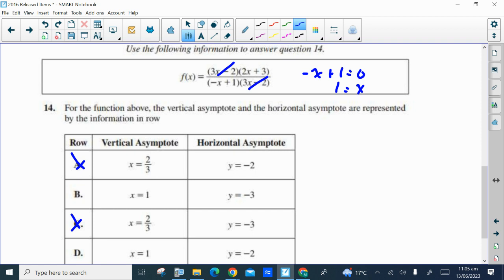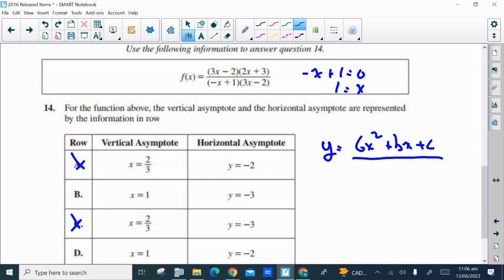To find the horizontal asymptote, you look at the degree of the top and the bottom. They are both quadratic functions. The initial term on the top, if you multiply out those brackets, will be 6x squared. That's all you need to look at for the horizontal asymptote. There's a bx and a c there, but all we care about is the initial term coefficient.